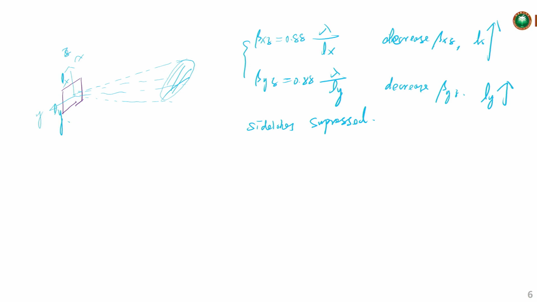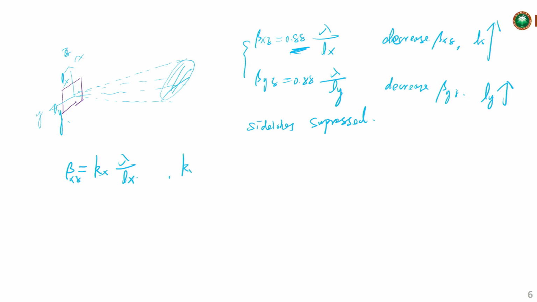This is for the expressions for the electric field, and we take 0.88 as the parameter. For a general expression for the beam width of an antenna, this is just for rectangular antennas. For typical antennas, the beam width can be expressed as kx times lambda over Lx.